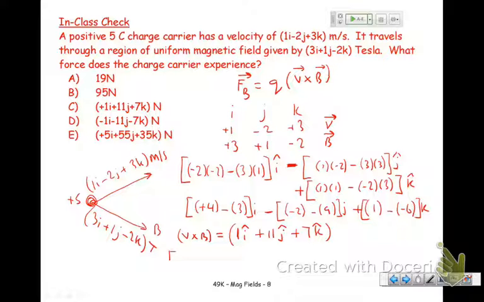So FB, which equals QV cross B, is equal to 5 times 1I plus 11J plus 7K, which equals 5I plus 55J plus 35K, and that is a force, so that will be in newtons.